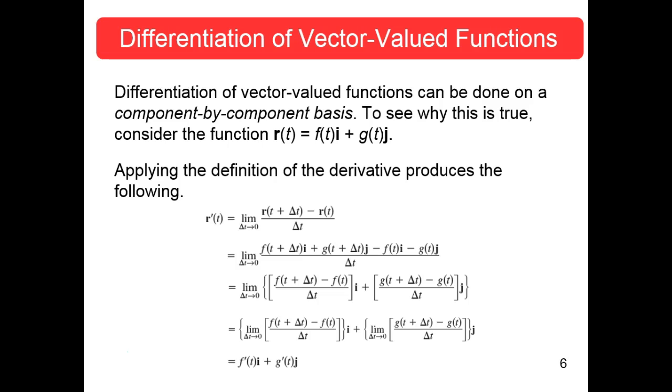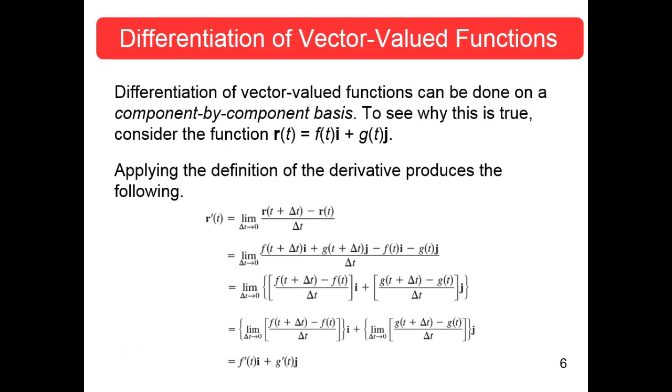Now this is the long, roundabout way of doing it. First, r prime of t, as we just saw from the previous slide, was the limit as delta t approaches 0 of r of t plus delta t minus r of t, over delta t. Now what we're going to do is break this r of t plus delta t into its components, two-dimensional at first.